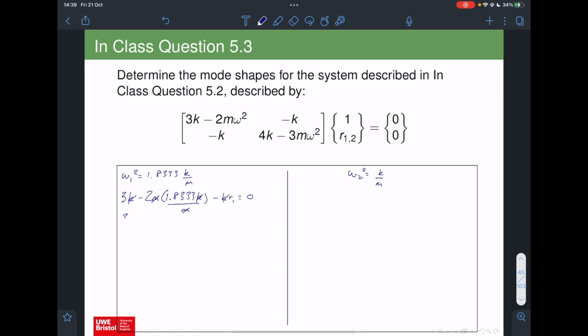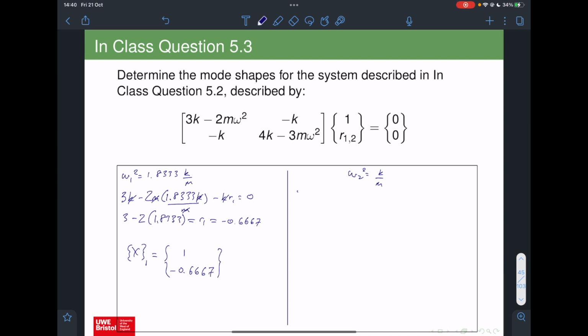So we end up with 3 minus 2 times 1.8333 equals R1, which equals minus 0.6667. So the first mode shape, which we write like this, with curved brackets but with 1 outside, is 1, minus 0.6667.